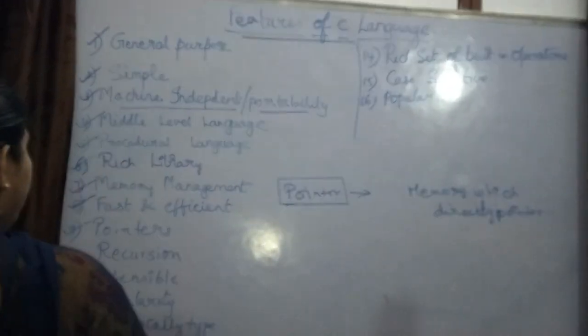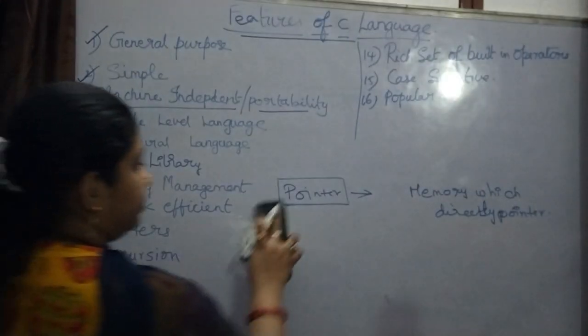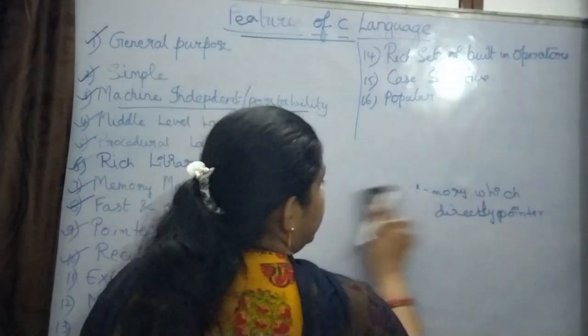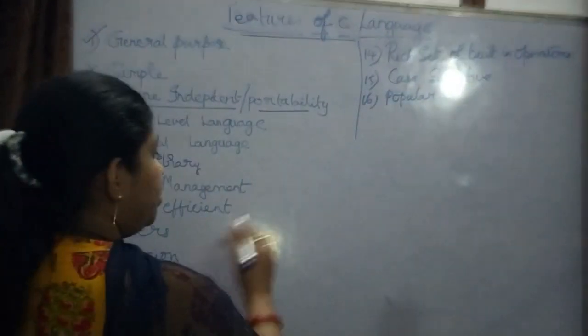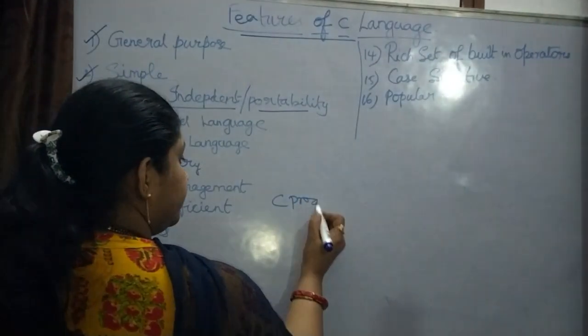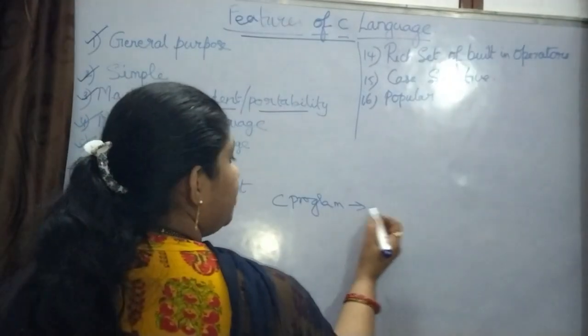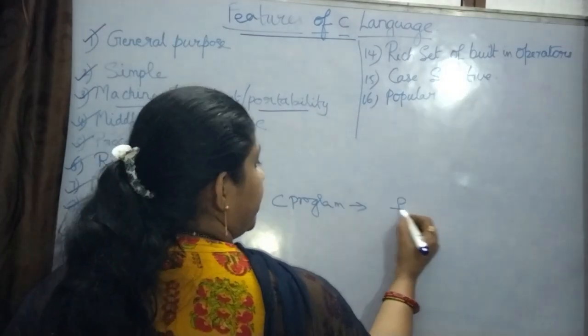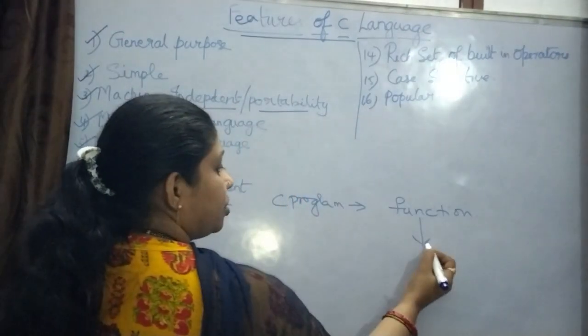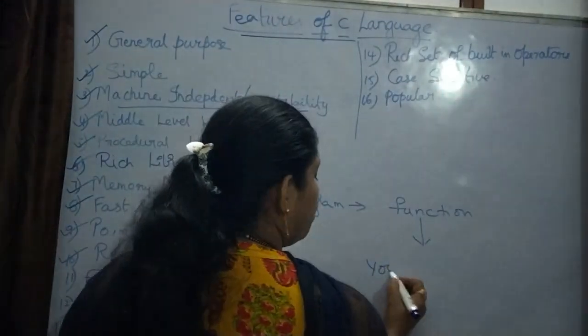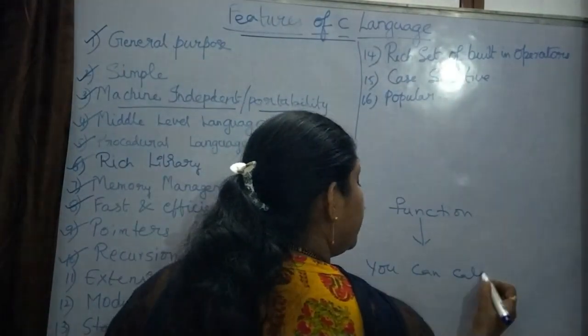Okay. Next, what is recursion? Recursion is the concept where, suppose you are writing a C program and you write a function in it. In this function you can call another function.